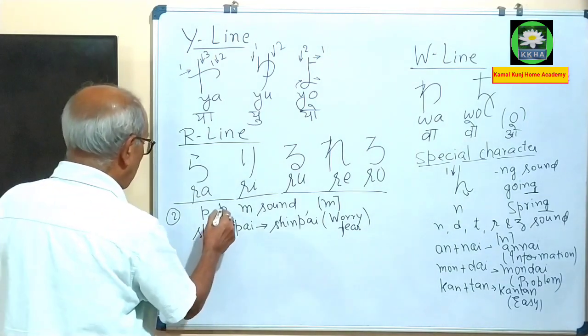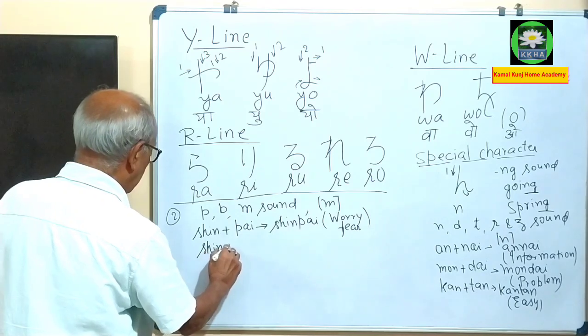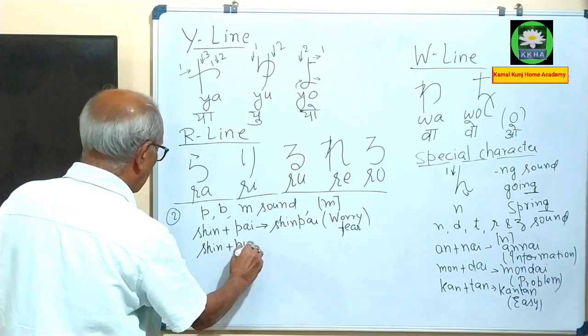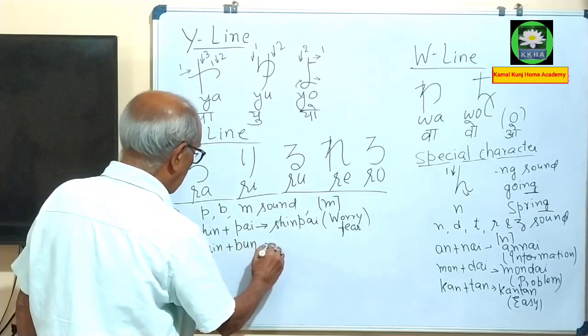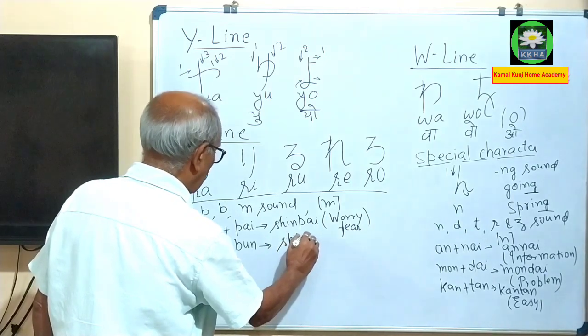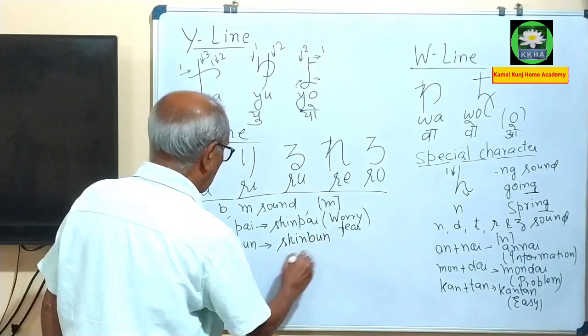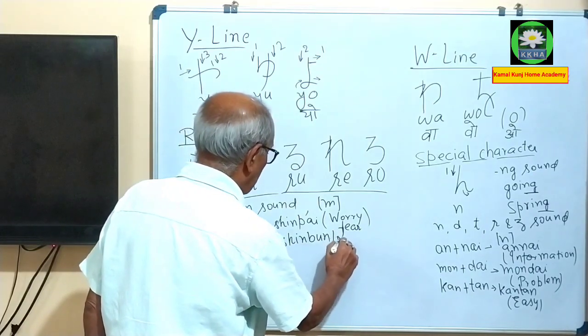Similarly, if it is followed by B sound, shin plus bun, followed by B sound, it is pronounced as shimbun. Shimbun means newspaper.